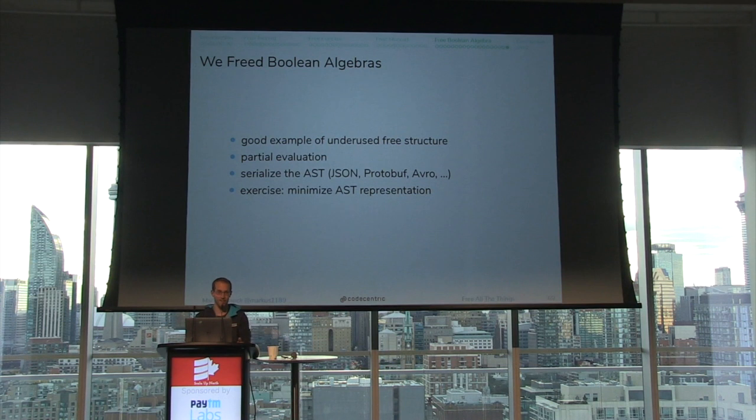And as an exercise, you can try to minimize the AST representation according to the laws. But spoiler, this is not really easy, because there are a lot of laws, and finding a minimal canonical structure is not as easy as you might think in this case. But as I said, it's still free enough for our purpose, because as long as the target Boolean algebra is lawful, nobody will notice anyway.